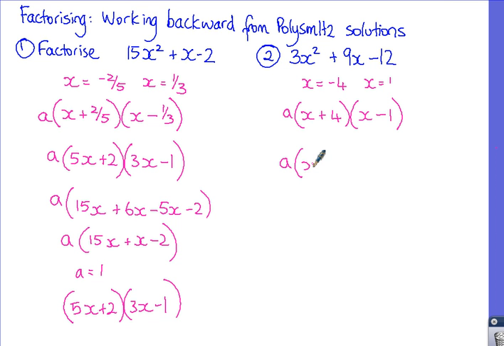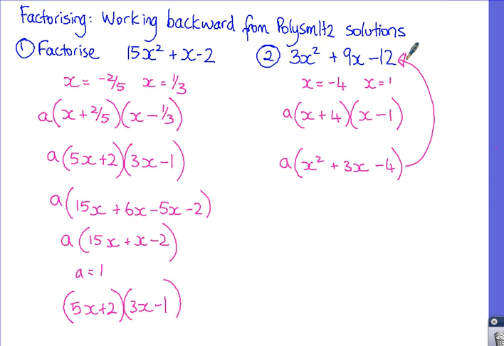So I get x squared plus 4x minus x is plus 3x, and minus 4. Now, when I look at this compared to the original up here, I can see that a is not equal to 1.